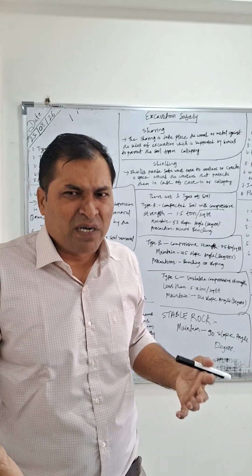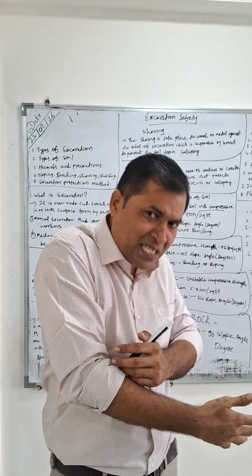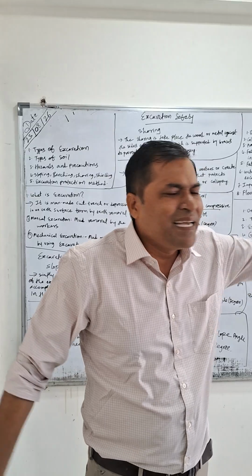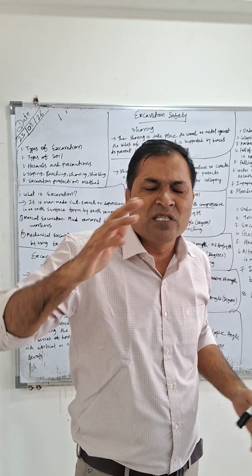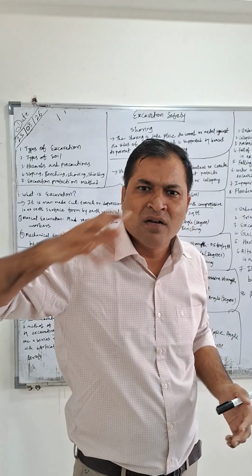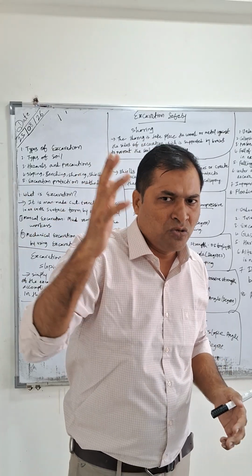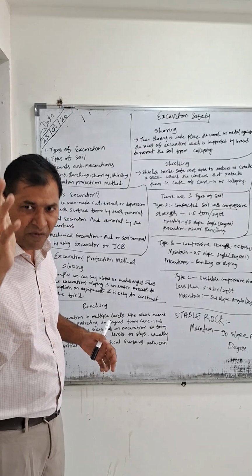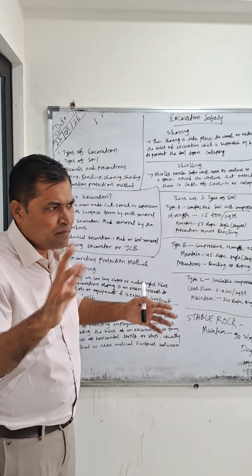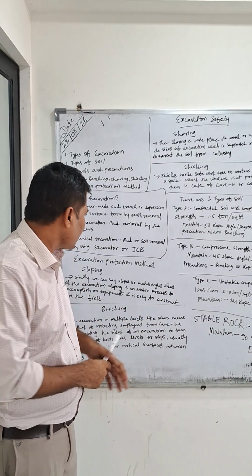With the help of those machines, we can dig a bigger area, remove the soil, and then transfer the soil with the help of trucks from one place to another. So this is how excavation takes place, with the help of JCBs and other advanced machines.